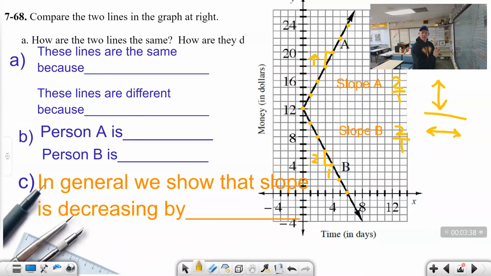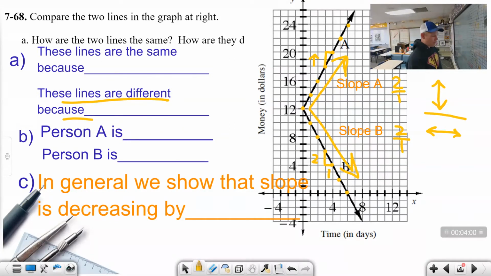Okay, however, are they really, truly the exact same slope? Because they don't look like the same lines. They don't look like they're going in the same direction. What did I miss? See, these lines are different because one of them is going uphill and the other is going downhill.